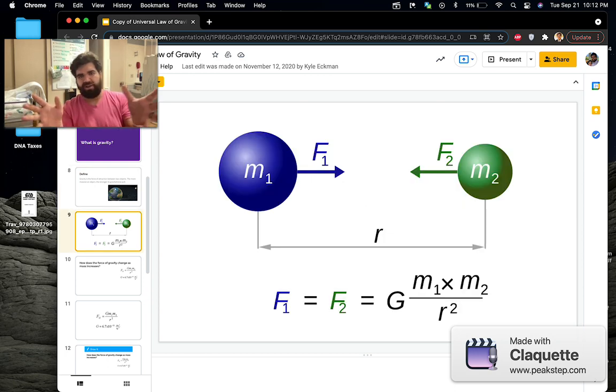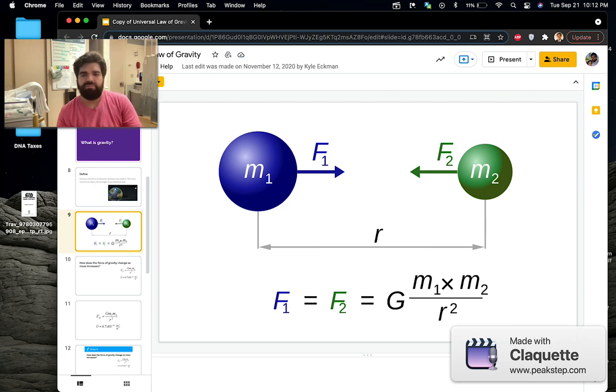This is our scenario. We have two masses, M1, M2, and they each have a force that's pulling on the other. Those forces are equal to each other. Just like how the force of gravity that the Earth is putting on me is equal to the force that I put on the Earth, because they cancel each other out because we're touching.